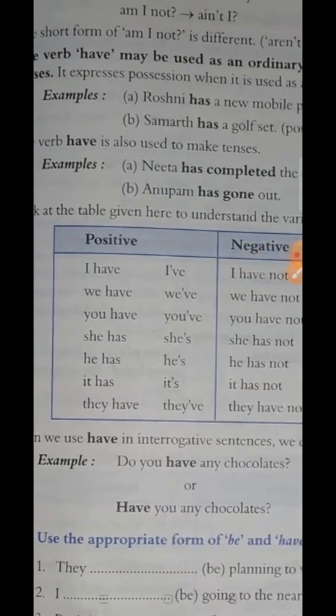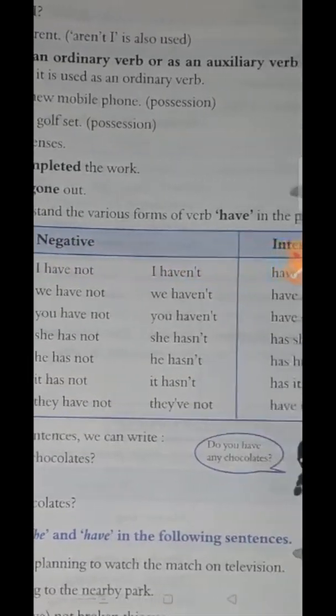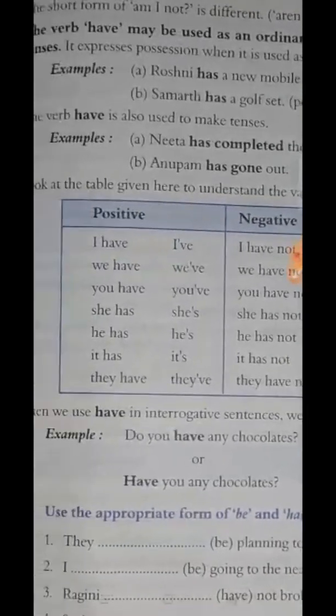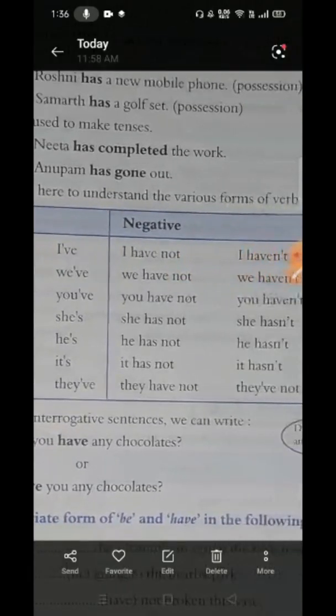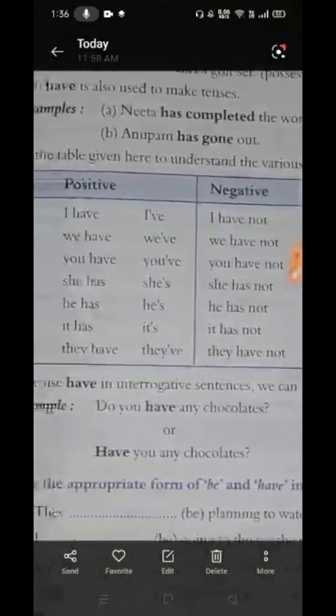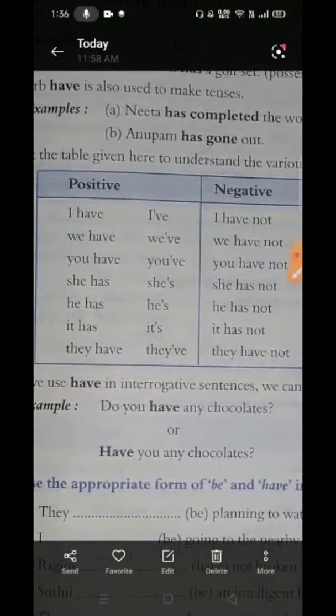So look at the table given here to understand the various forms of verb have in the present. Here also positive, negative and interrogative. I have, we have, you have, she has, he has, it has, they have.